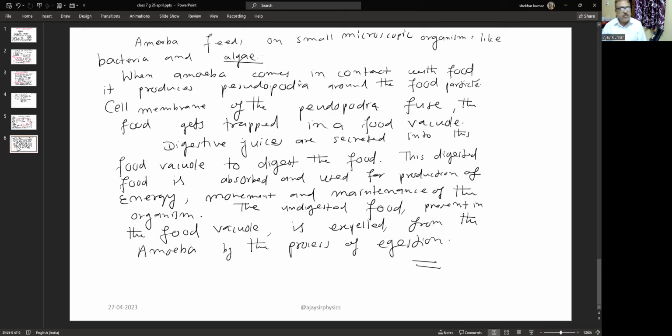In such a way we see how the nutrition is carried out inside the amoeba.